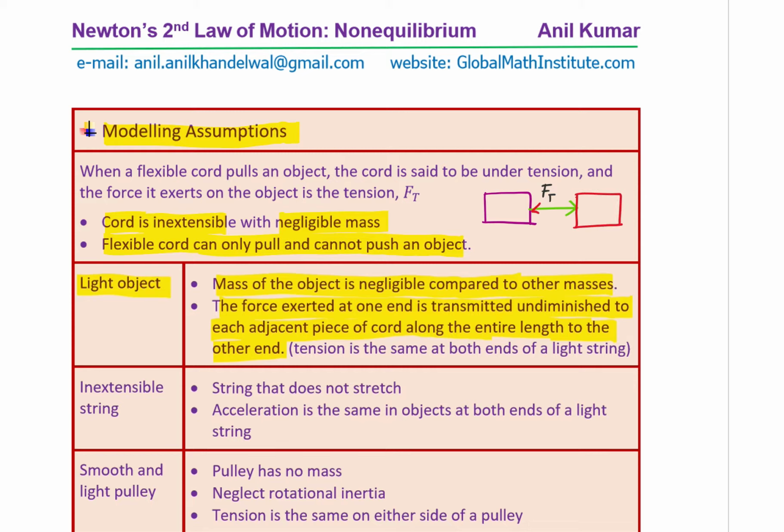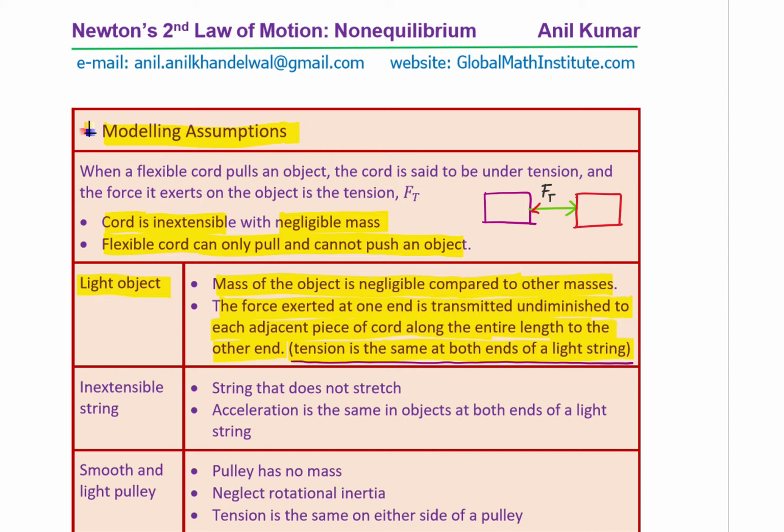That is what we're trying to say here, okay? So basically, what we're saying is that the tension is the same at both the ends of a light string. So that makes some sense to you now, I think. So tension is the same at the end of both the strings. So when we work out examples, we look into this aspect that helps us to make a free body diagram.